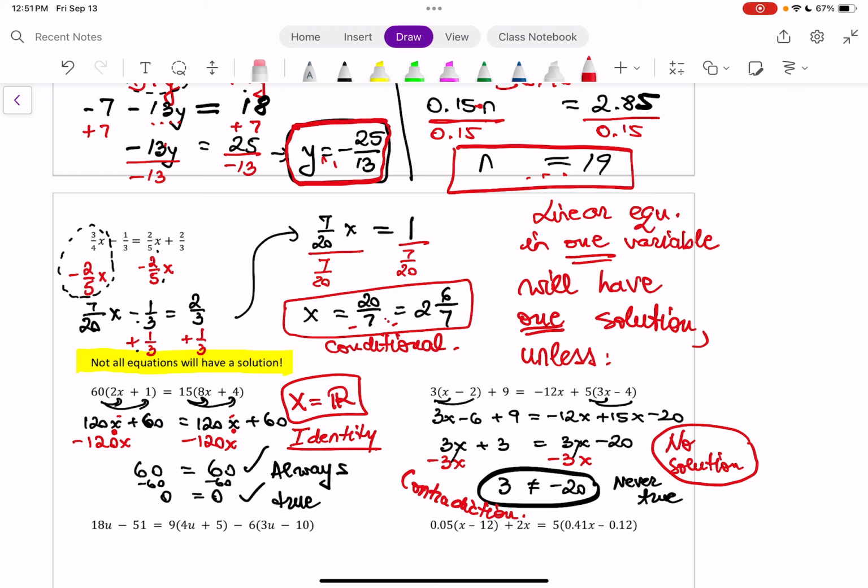So we will get one solution unless we're in one of these situations where we get nothing or everything. So you can't have 2 answers, 3 answers, 5 answers. It's always going to be one answer, or in funny situations, you get all real numbers or nothing.